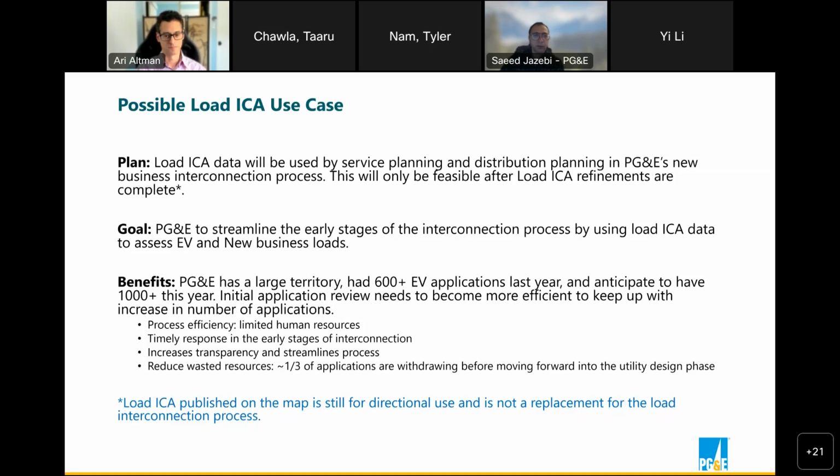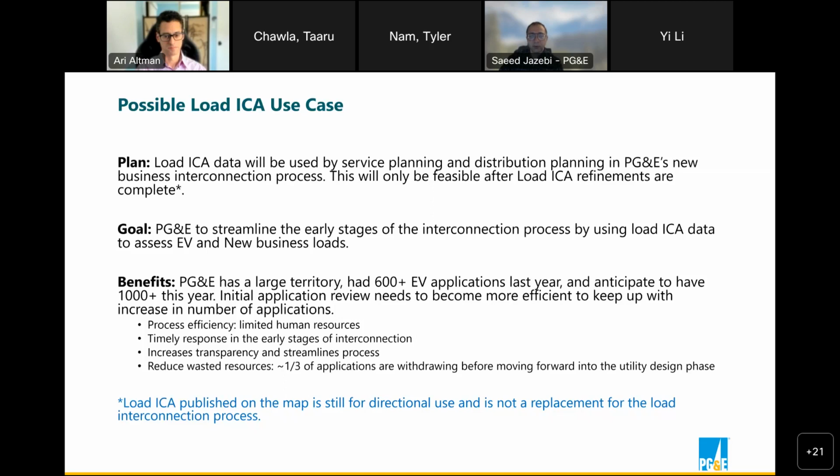We have limited human resources, and this will help with process efficiency. We'll have more timely response in the early stage of the interconnection process. This will streamline the process, and it will reduce wasted resources.